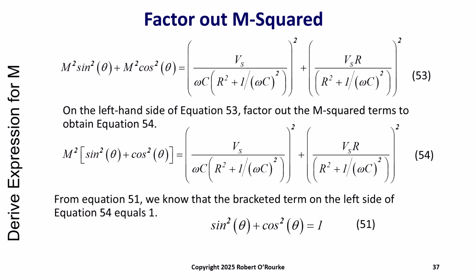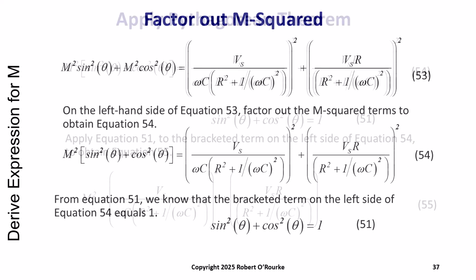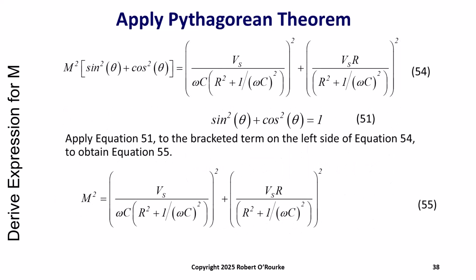From equation 51, the sine and cosine version of the Pythagorean theorem, we know that the bracketed term on the left-hand side of equation 54 equals 1. Applying equation 51 to equation 54 gives us just the M squared term on the left-hand side of equation 55. We're getting close, but we have more algebra steps to go.